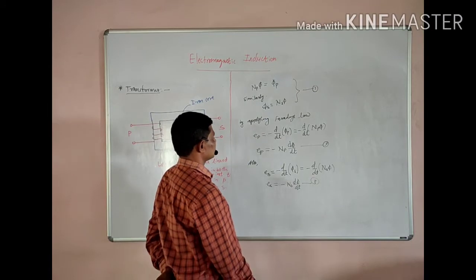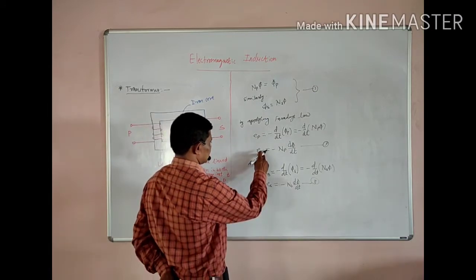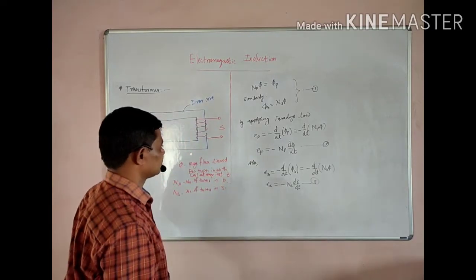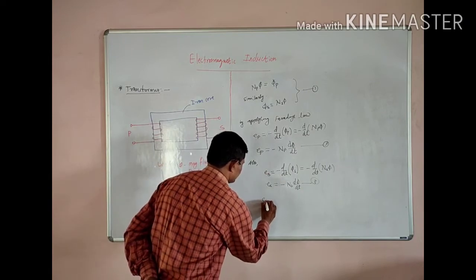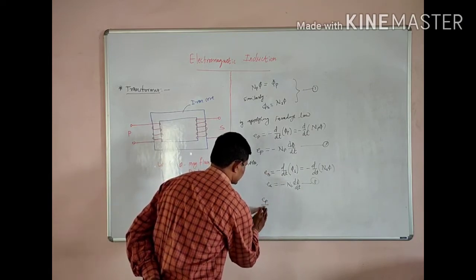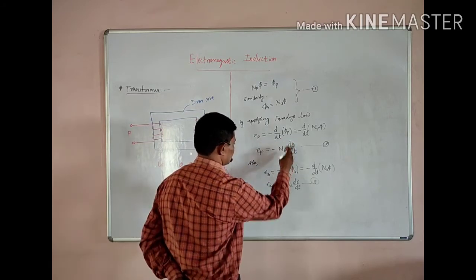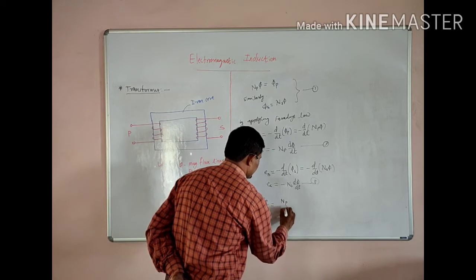From equations 1, 2 and 3, this EMF induced in the primary and secondary coil, if we take the ratio of Ep to Es, this is equal to what? Np upon Ns.